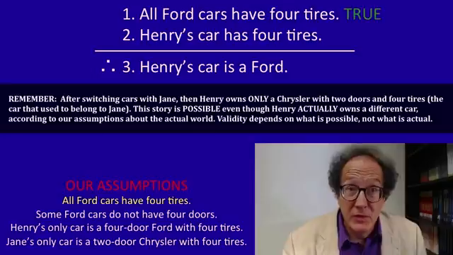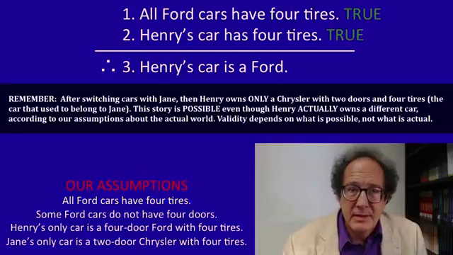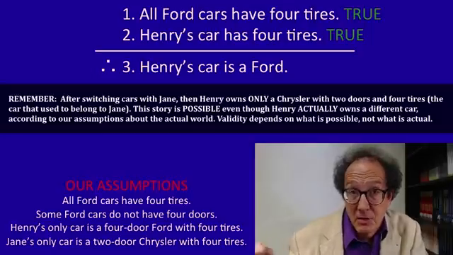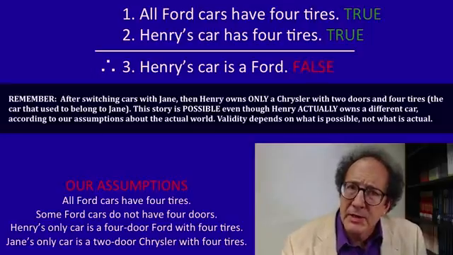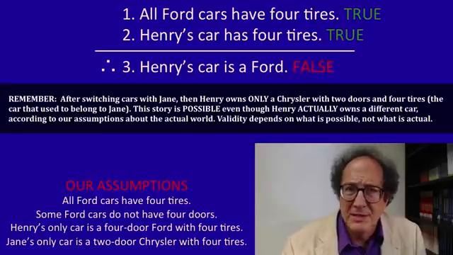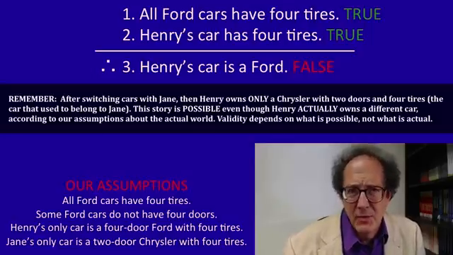Then the first premise can be true because all Ford cars have four tires, and the second premise is going to be true because Henry's car has four tires. Of course, now it's a Chrysler because he got it from Jane. But the conclusion is going to be false. Henry's car is not a Ford because Ford and Chrysler are different companies. So if he switches cars with Jane and he has a Chrysler, then he doesn't have a Ford. His car is not a Ford.